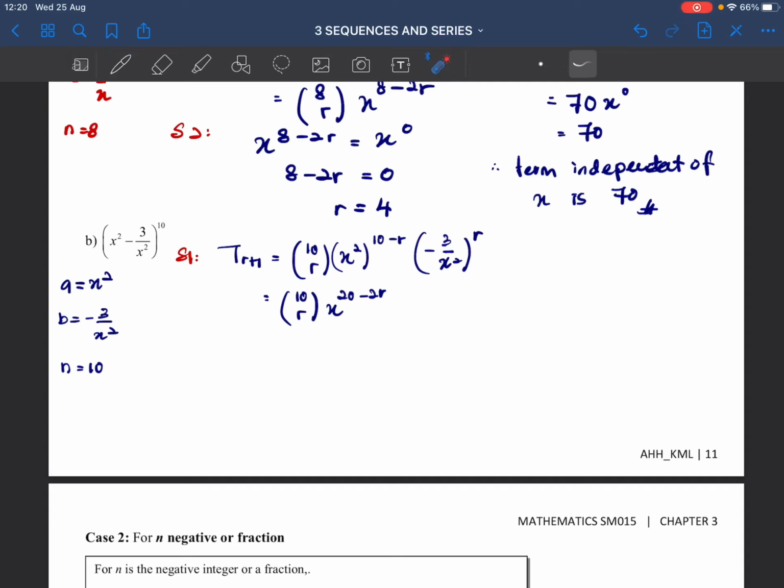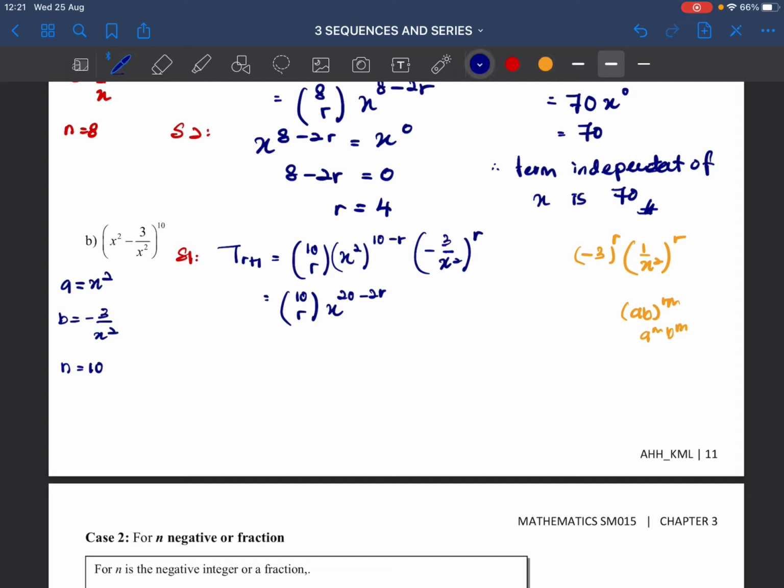Okay, so now this thing here we can separate, which is we can separate negative 3 and 1 over x squared, all to the power of r. Right? So which means we will get negative 3 to the power of r as well. Okay, by using the formula (ab) to the power of m equals a to the power of m times b to the power of m. Right?